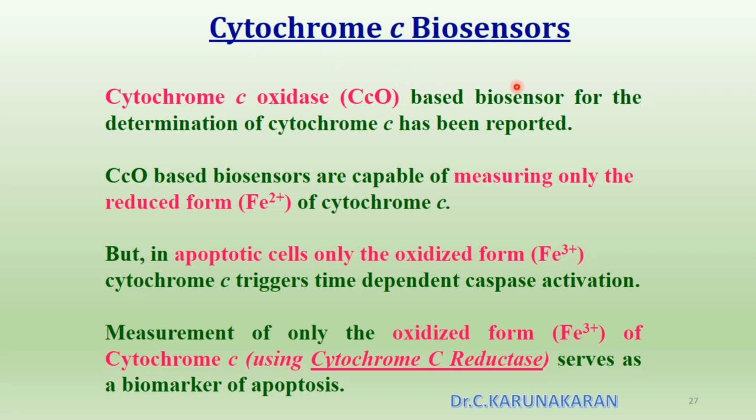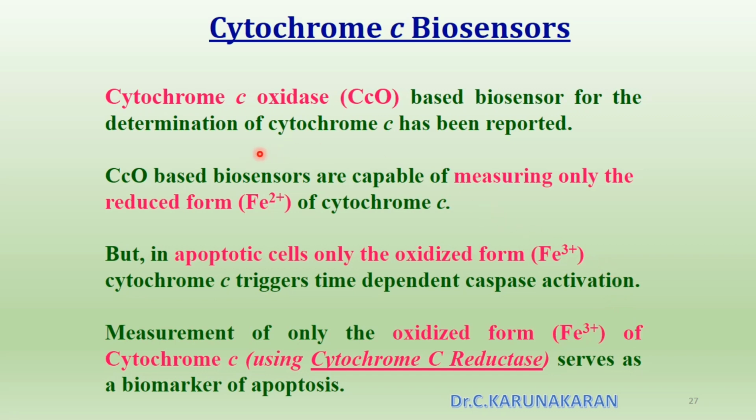So, we have applied for a project to the Department of Biotechnology for the development of a cytochrome C biosensor using cytochrome C reductase. There are two possibilities because cytochrome C in the electron transfer chain in mitochondria shuttles electrons between cytochrome C oxidase and cytochrome C reductase.